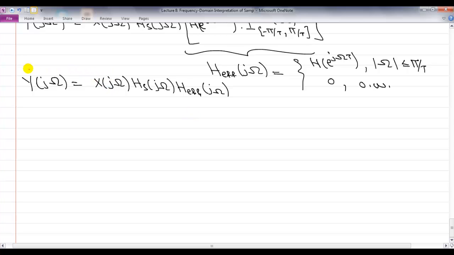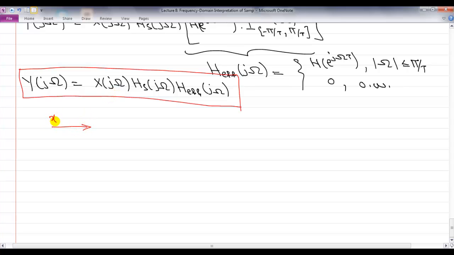If we focus on this expression, keep in mind that it is only valid if we are dealing with band-limited input and our reconstruction filter is an ideal reconstruction filter. If we look at this expression, at least mathematically, it is equal to as if we had an input x(t), that is X(j omega). What happens after that?